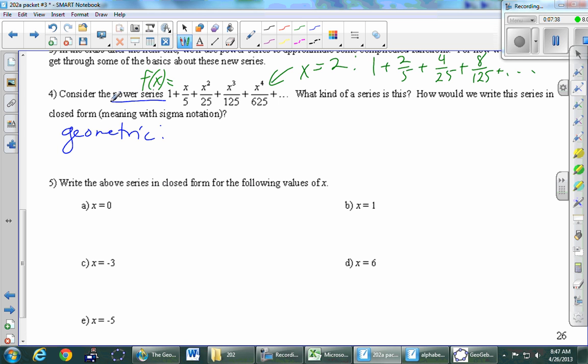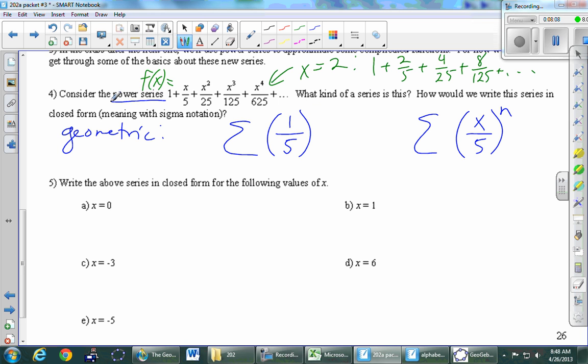And if we wanted to, we could write it in closed form, meaning this with the sigma notation. So what's the basic pattern here? What's the general term look like? I'm going to write a fraction because I see a fraction. Ernie says 1/5 to the n. Dawn said x over 5 to the n.